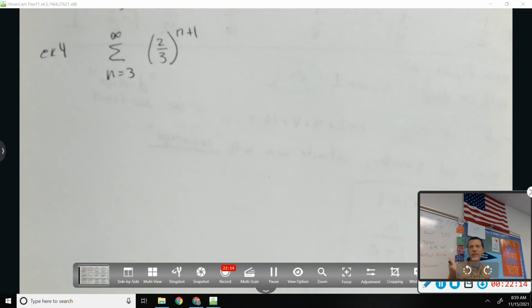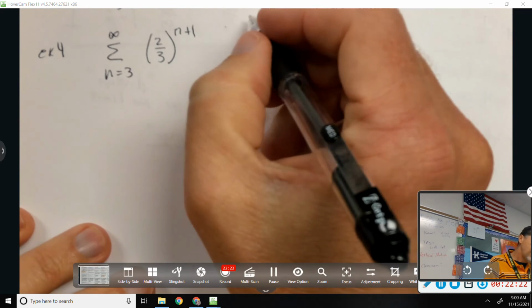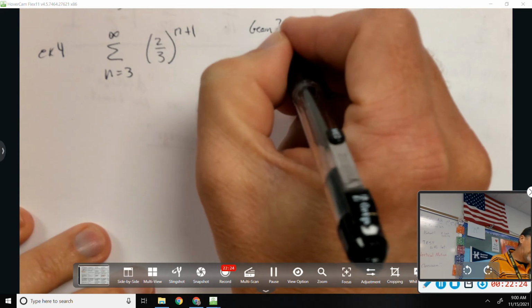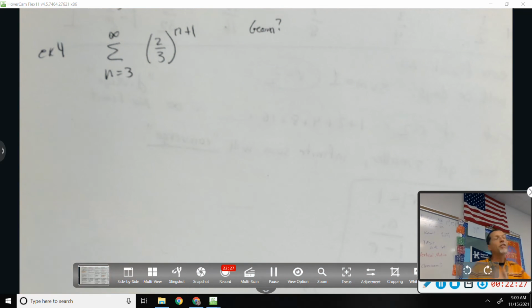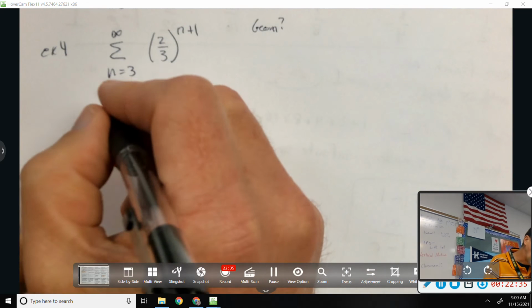Is it geometric? I guess that's our first question. Yes. Let's figure out what R is then. If there's an R, then we know it's geometric. And we have to know R to know if we can use the formula. So, we're going to need R anyway.